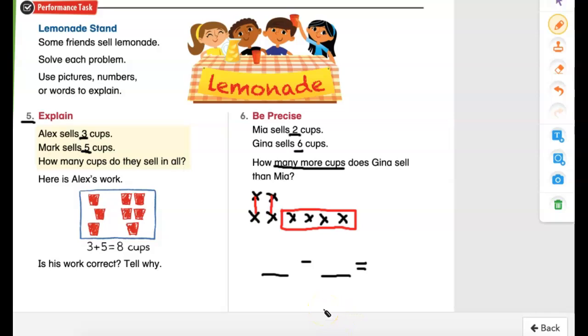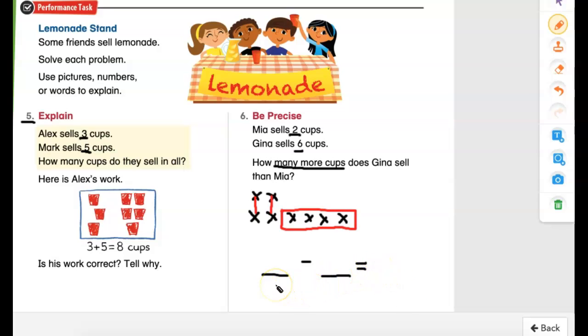Okay, so all you're going to do, just like we've done in our last problems, you are going to write your subtraction problem for how we figured this out. So if Gina sold 6 cups, Mia sold 2 cups, and we figured out how many more cups Gina sold than Mia. That's what is in this box here, these number of X's. So that number is going to be our answer down here as well.